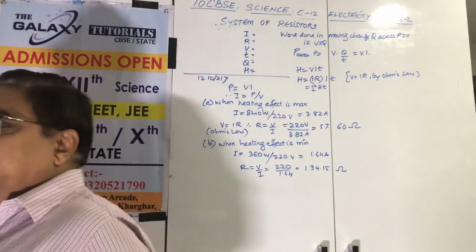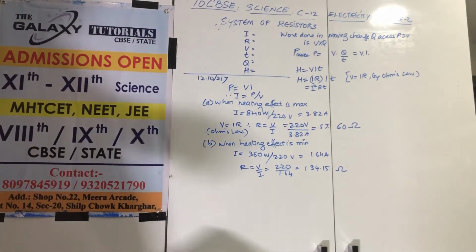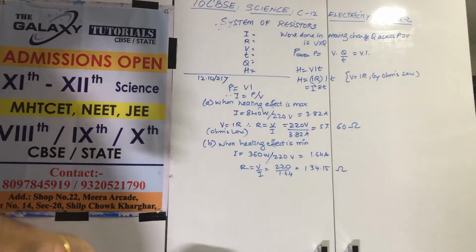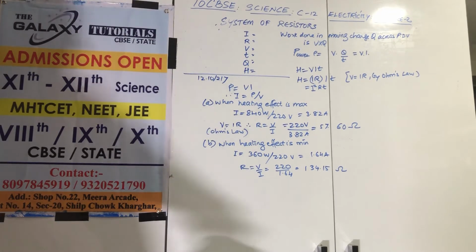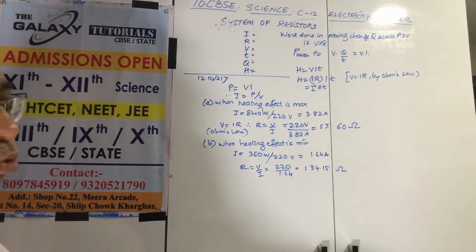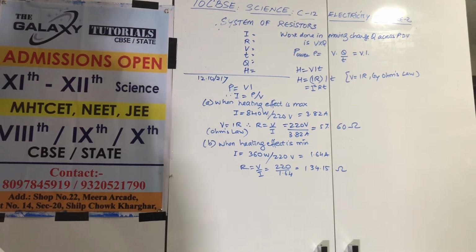So resistance increases. That is what happens when you turn the knob on an iron, silk, cotton, heavy, and you change these readings like that. You don't change the wire, but the current from the supply will change because you change the resistor. Easy to do. We will go for the next sum.